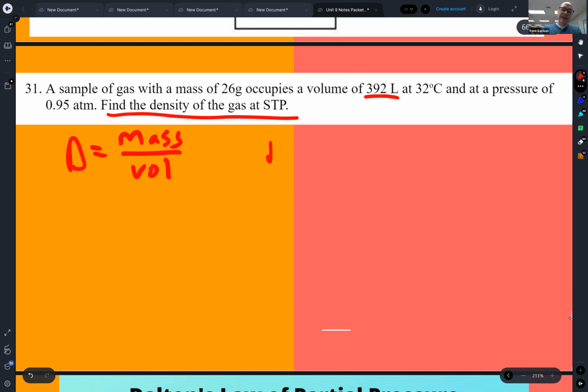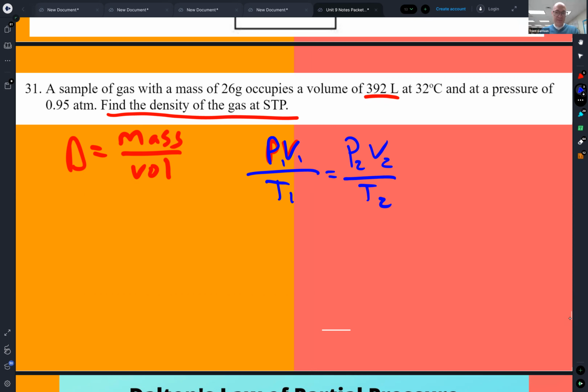So we are going to have to set up ourselves a combined gas law problem where we have one set of original conditions and we're going to have to solve for the new set of conditions. Because we were originally at 392, 32 degrees, and a new pressure, and then it changes to STP. Now, let's figure this out.